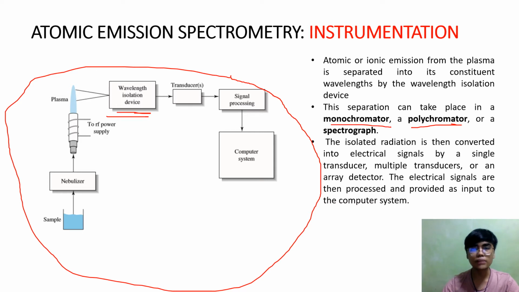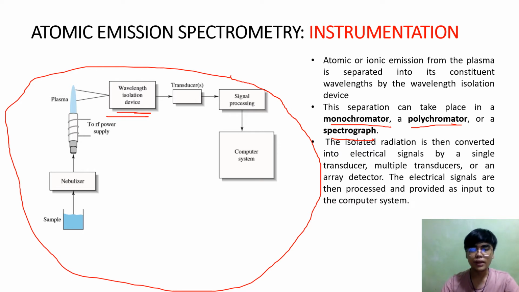while the polychromator isolates several wavelengths simultaneously at multiple exit slits. The spectrograph provides a large aperture as its output to allow a range of wavelengths to exit.